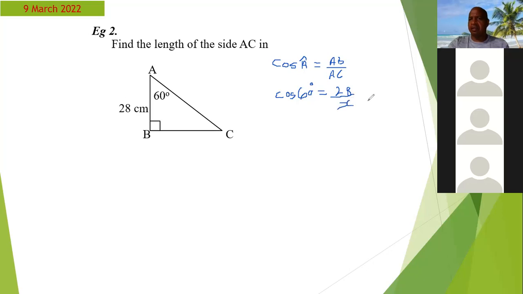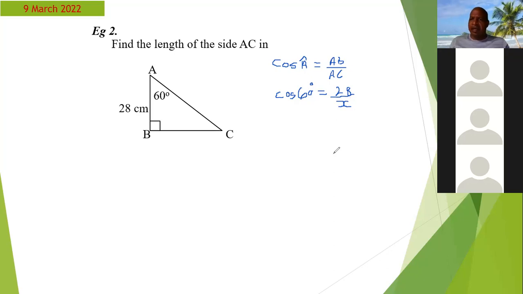All right, sir. So we want x to be the subject. So what will we do to get x as the subject? The side that x is on, sir, we would divide it with 28 and then multiply 28 with the other side that the cos is on. So 28 would cancel 28 on that side, leaving x to be the subject. All right.